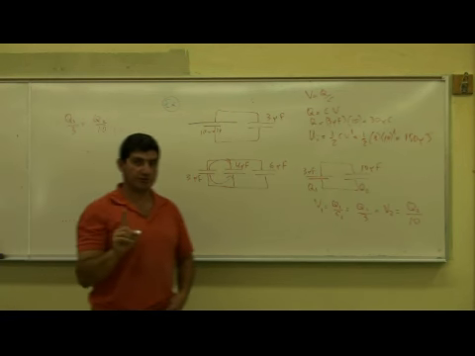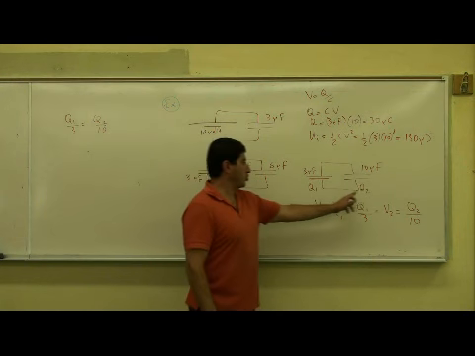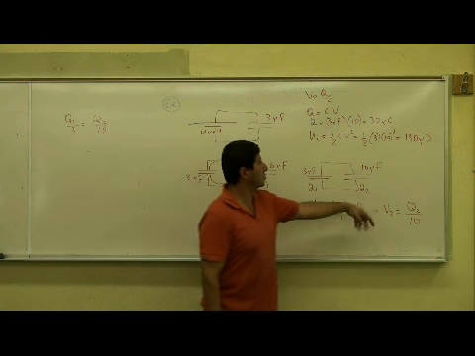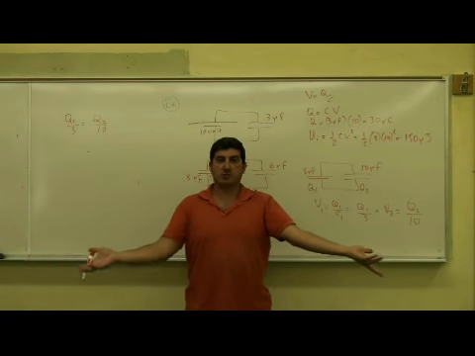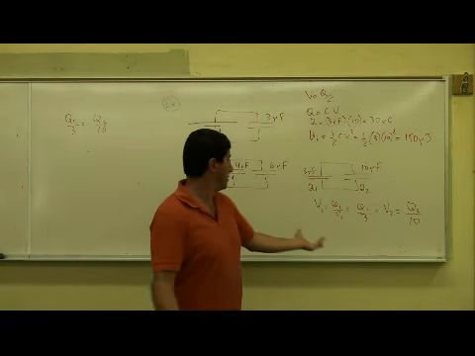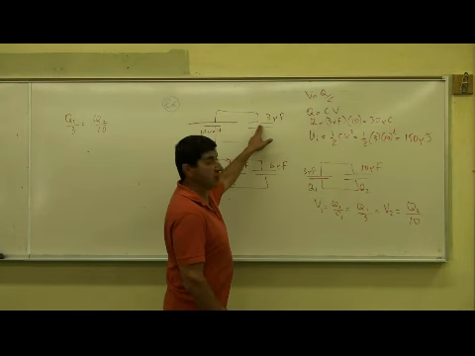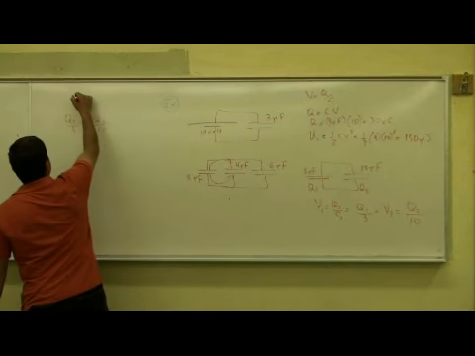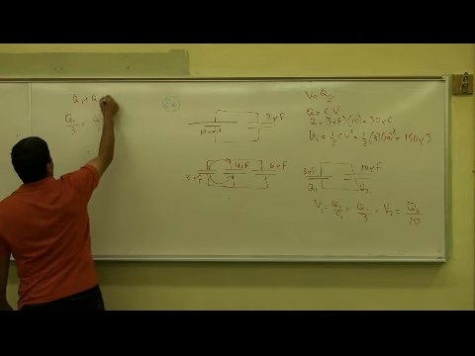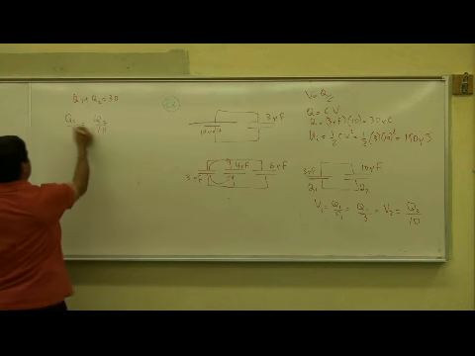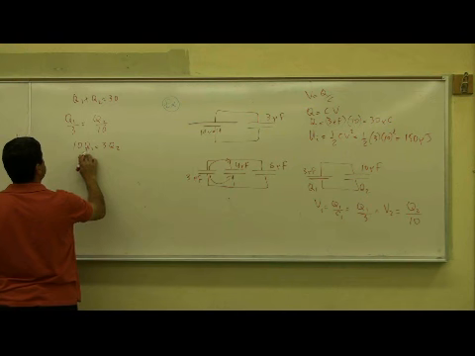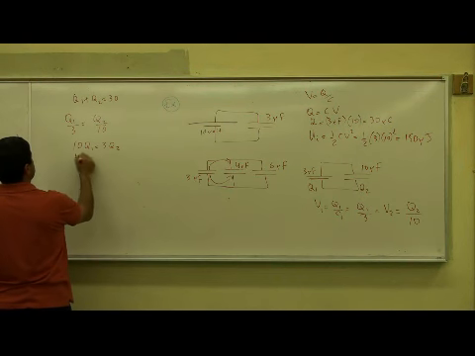Now what else do we know? The sum of the 2 charges must be equal to the original charge. You can't create more charge out of nowhere. The original charge of the capacitor was 30 microcoulombs, so the sum of the 2 must be equal to that. Okay, so now we can multiply them. Then put here 10 Q1 equals 3 Q2.